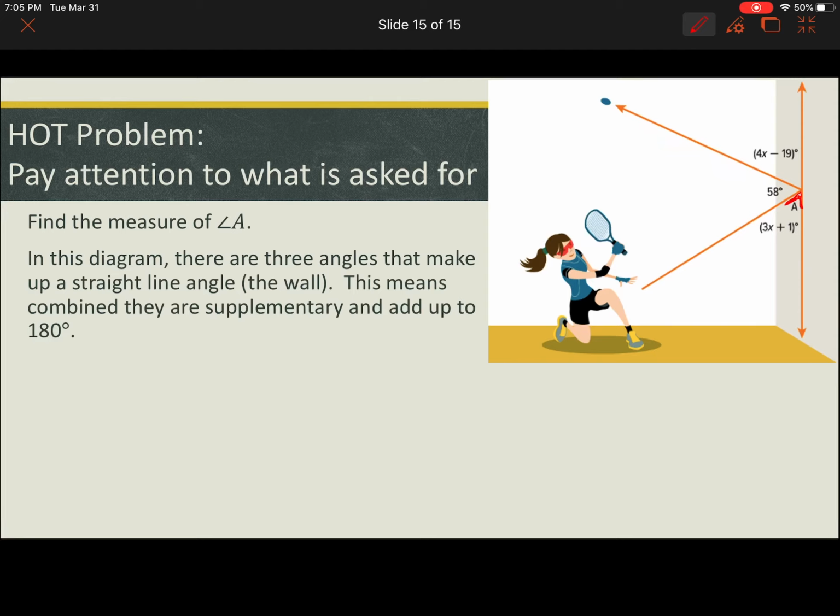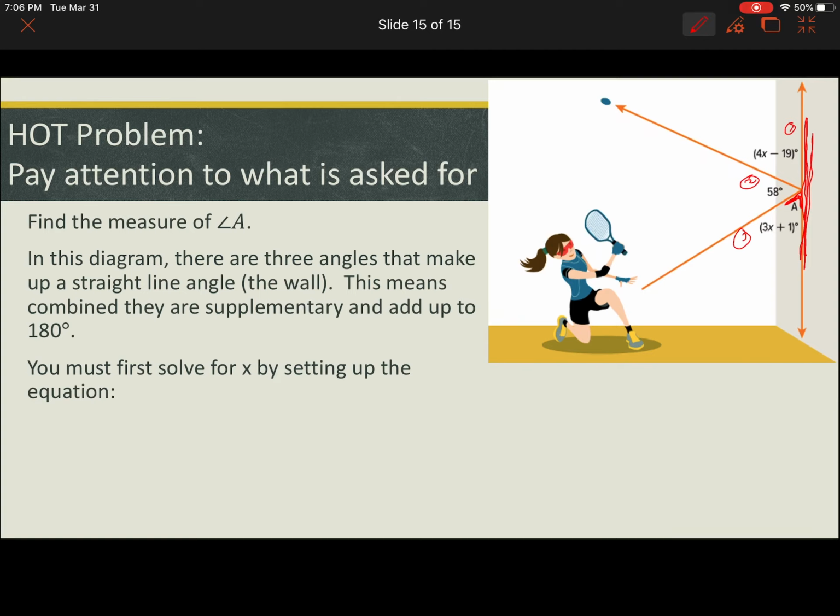Let's count them off. We have 1, 2, 3 angles. And they make up a straight line angle. In this case, the wall. So because they form a straight line angle, they are supplementary, and the 3 angles add up to 180 degrees.